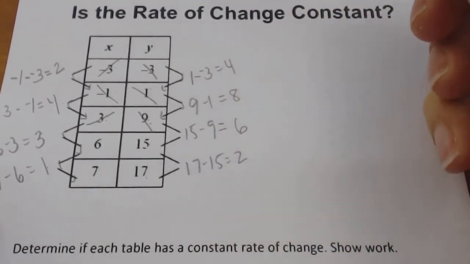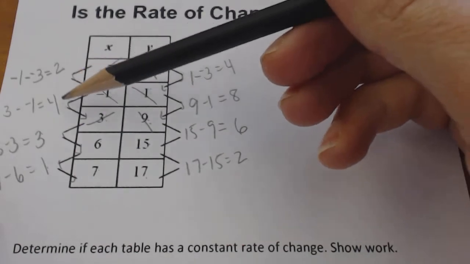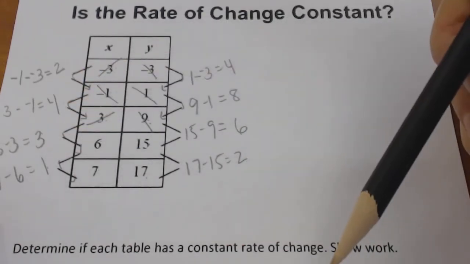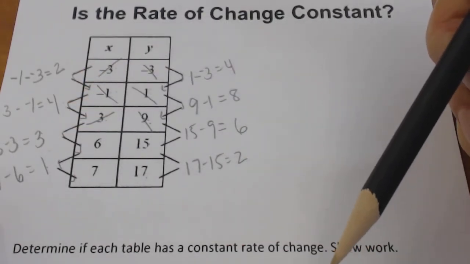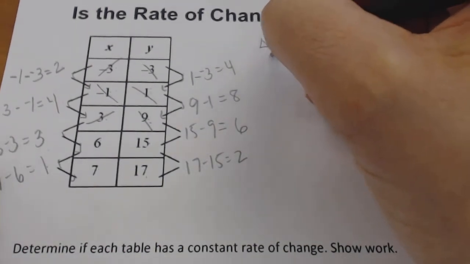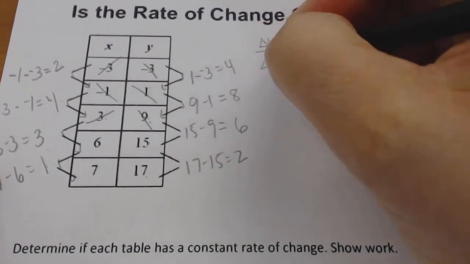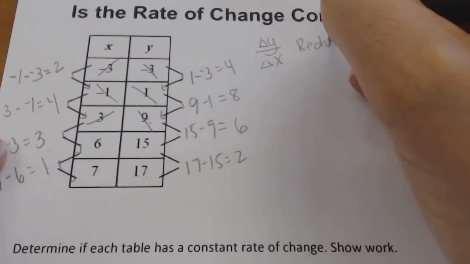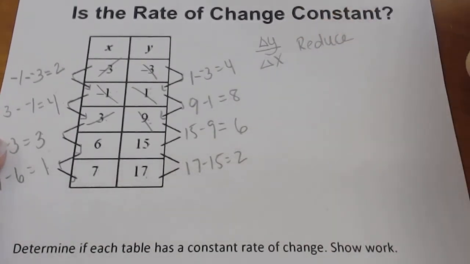So just by glance here, you probably would feel that this isn't going to have a constant rate of change. However, we have to make our ratio of the change in y over the change in x and then reduce it. This is what we've been doing.